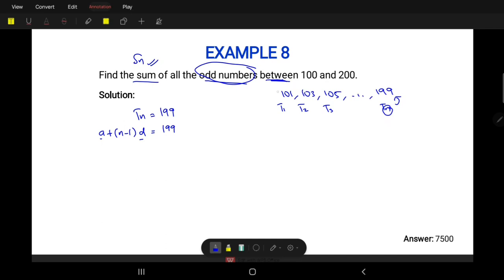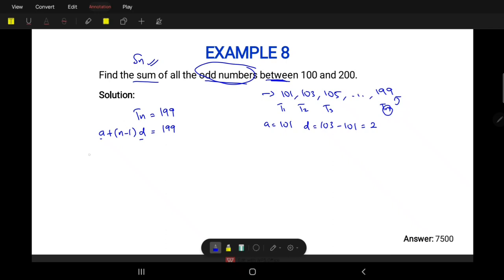Use this sequence. We know that A equals 101, right? A is the first term, 101. And then what is D? T2 minus T1, 103 minus 101. It is equal to 2, right?